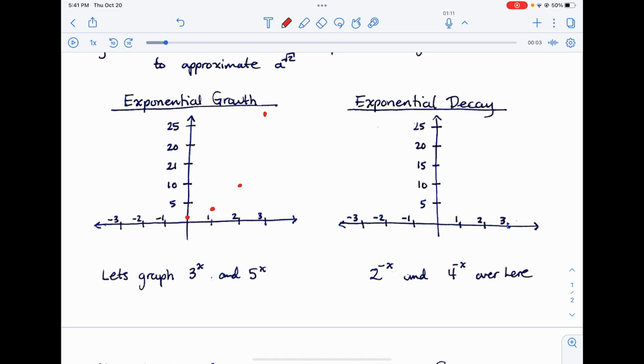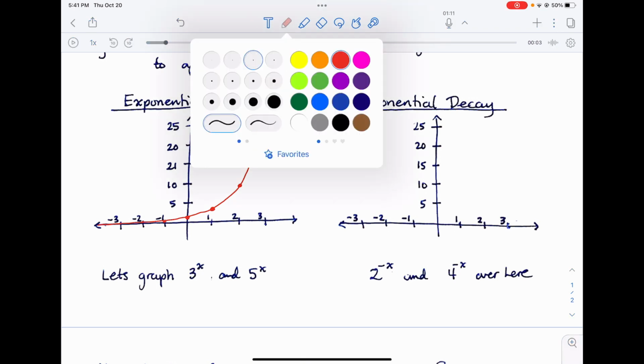And then these points over here will get smaller and smaller and smaller. So we'll get that nice sort of exponential function shape here. So this is kind of what 3 to the power x might look like.